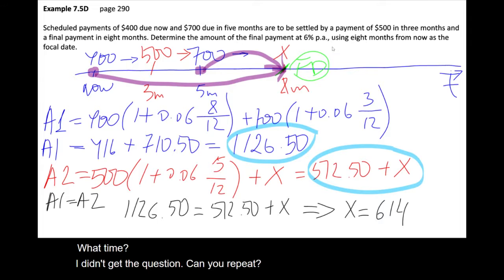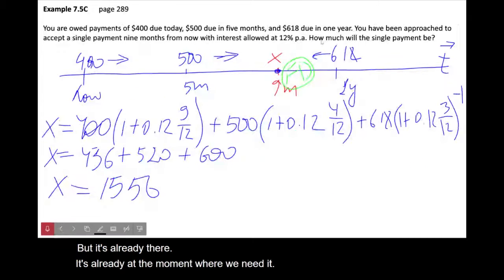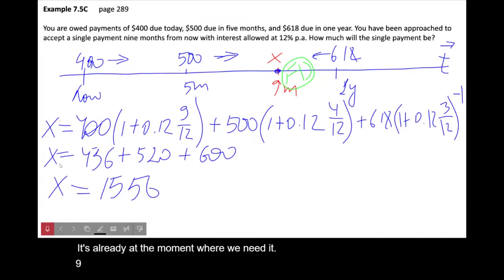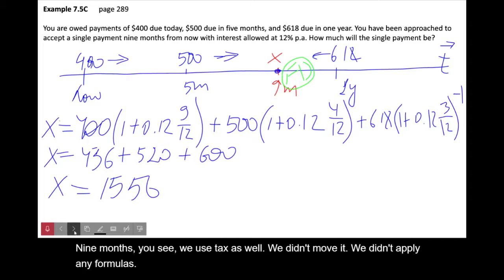You said we can't calculate the months for X, so we just left it as X. Well, it's not that we cannot calculate, but it's already at the moment where we need it. In the previous question, with 9 months, we used x as well. We didn't move it. We didn't apply any formulas. Okay, makes sense. Thank you.